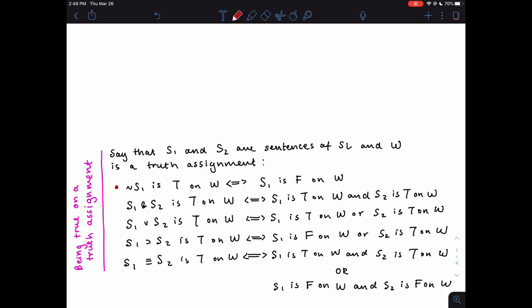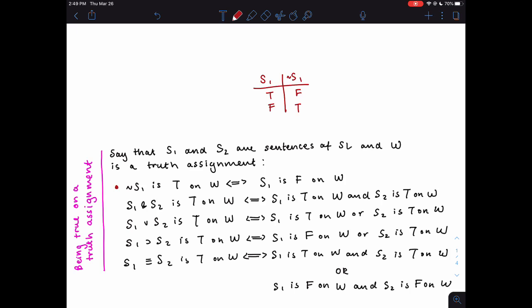Not S1 is true on some truth assignment W, if and only if S1 is false on W. We know that from the truth table for the negation. So here it is, just for us to get our memories jogged a little bit. S1 is either true or false. And when S1 is true, not S1 is false. And when S1 is false, not S1 is true.